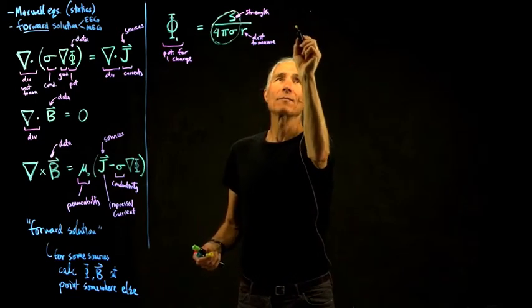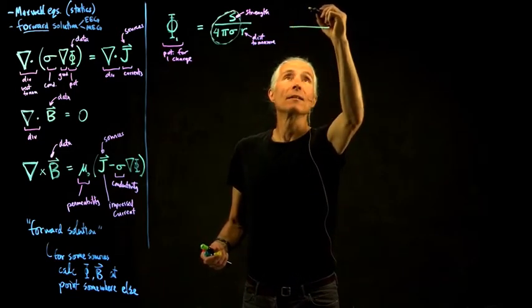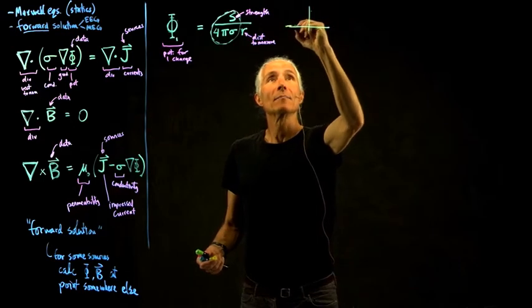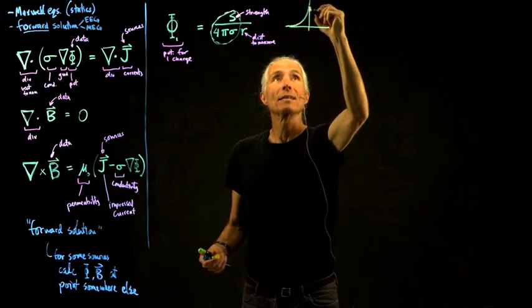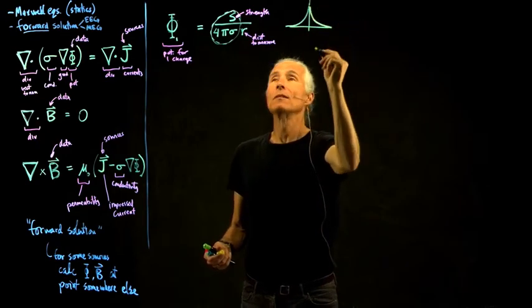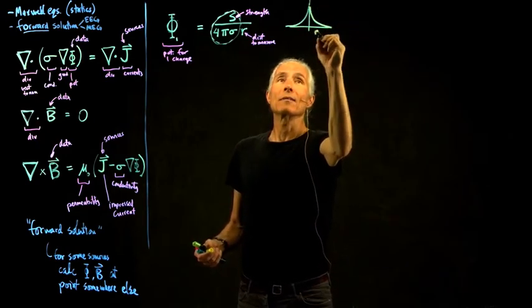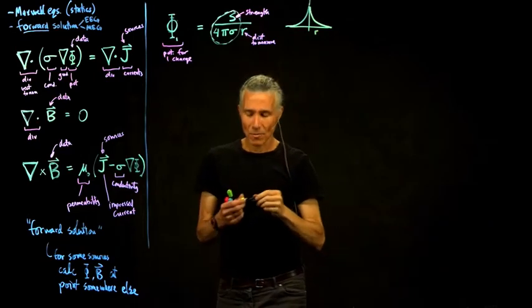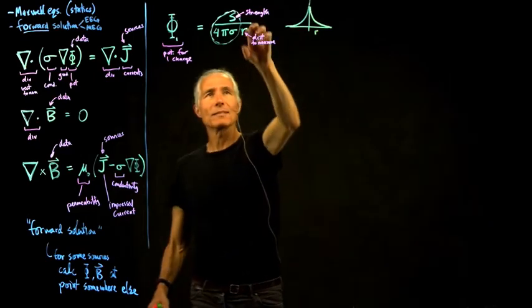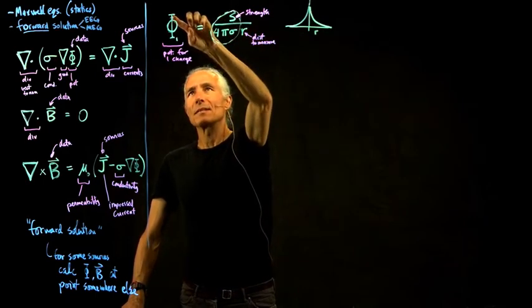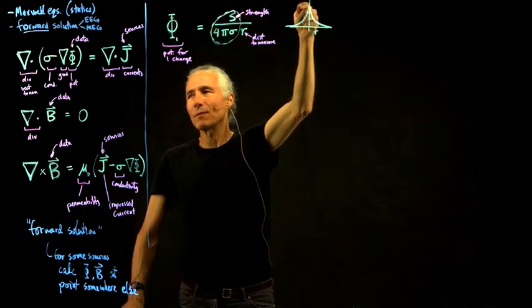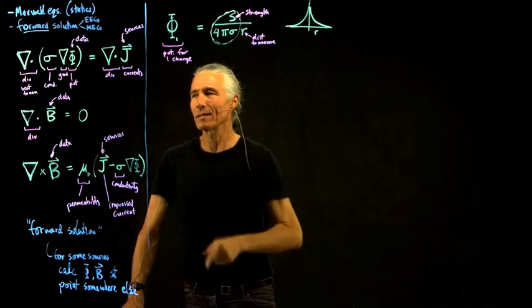What does that look like in 1D? It goes up like this, and then goes up to infinity at 0. This is r going this way. Why is it infinity at 0? As the distance gets tiny, tiny, tiny, this number gets huger and huger, and it will be infinity right at the actual location of the charge.